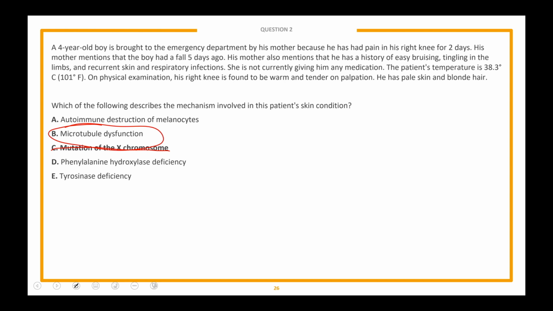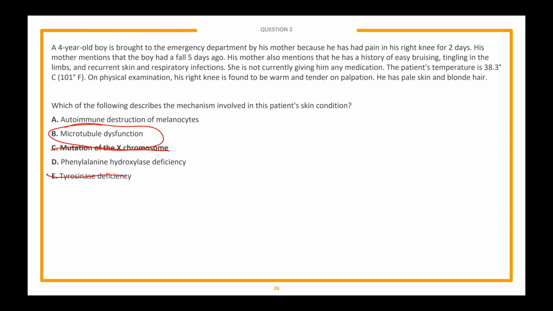Well, let's talk about the other answer choices real quick. Answer choice E, tyrosinase deficiency can lead to albinism, but the patient's other symptoms like recurrent infections wouldn't be present, so that's not the best answer here. D, phenylalanine hydroxylase deficiency, that presents with intellectual impairment, seizures, and then musty body odor.